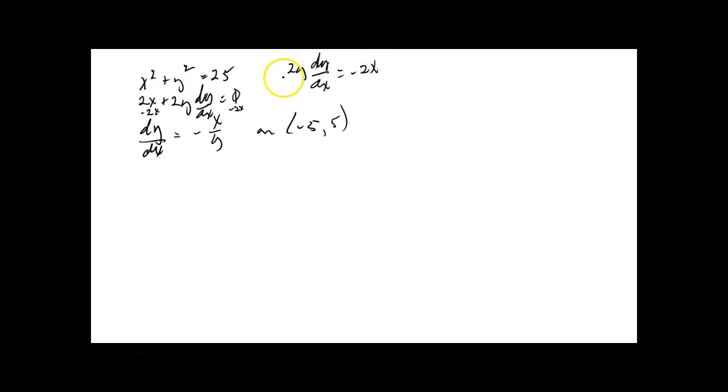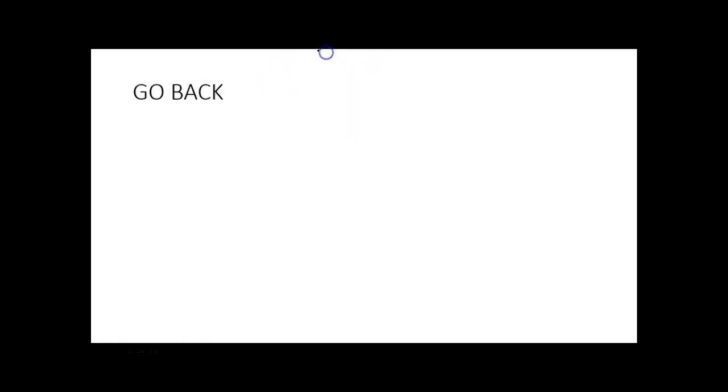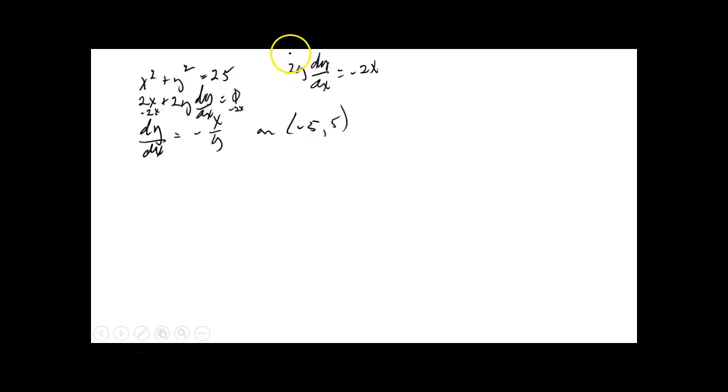Right? We want to solve that for dy dx. That means you divide by 2y. Now this all goes out here, and this leaves you dy dx is equal to minus x over y. There's your differential equation.